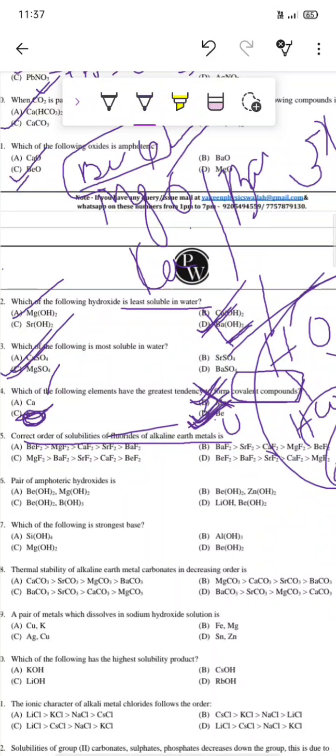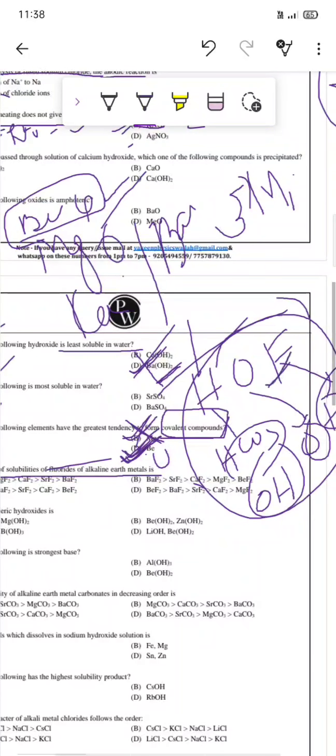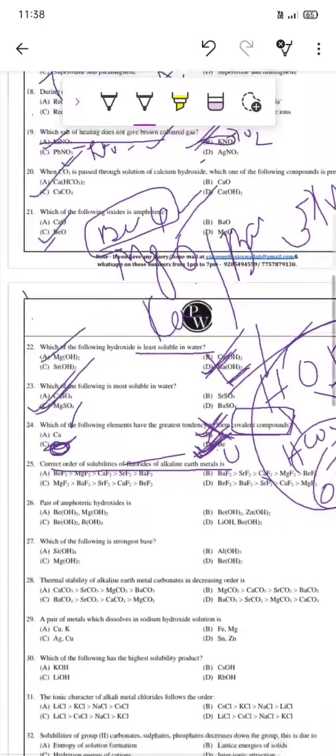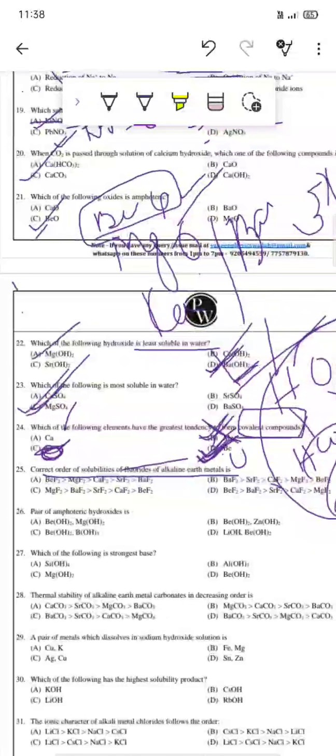Solubility of the second group only depends on hydration enthalpy. That means fluorides also increase down the group. So Be, Mg, Ca, Sr, Ba increases down the group. This answer is B. 25 answer B.